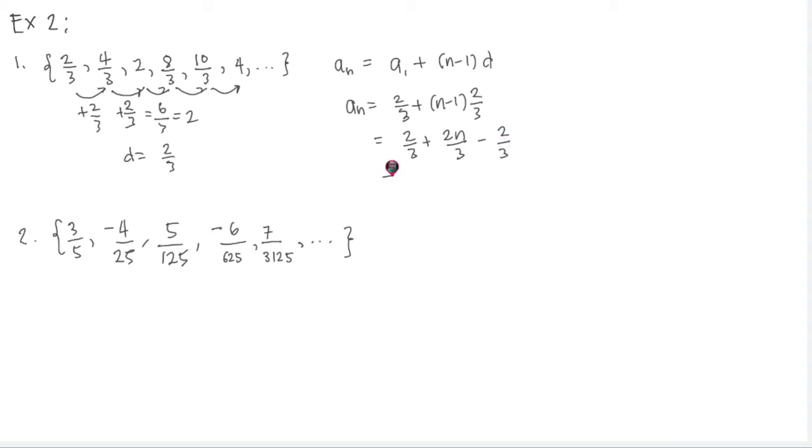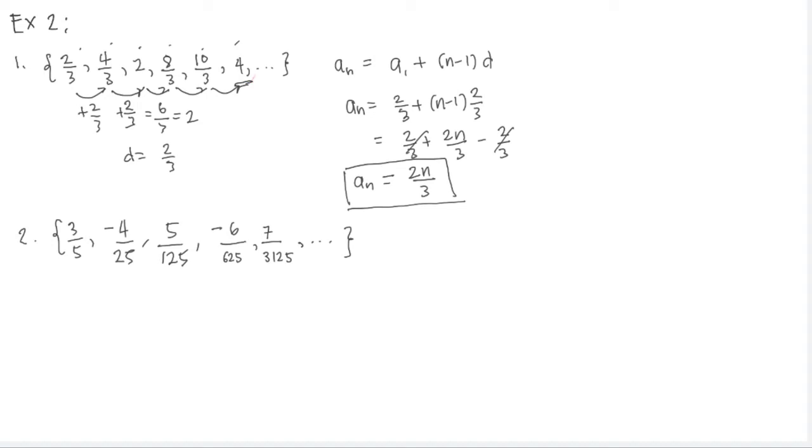We can cancel the 2 over 3, so that's simply 2n over 3. That's the formula for the general term. To check, let's say we have the sixth term: 1, 2, 3, 4, 5, 6. So 2 times 6 is 12, divided by 3 is 4, which is correct.